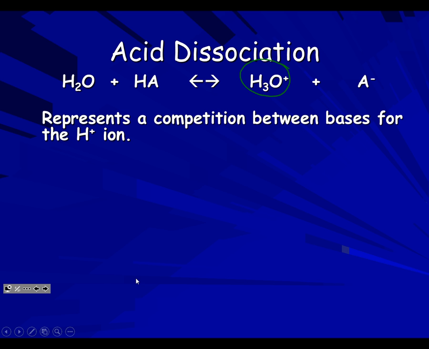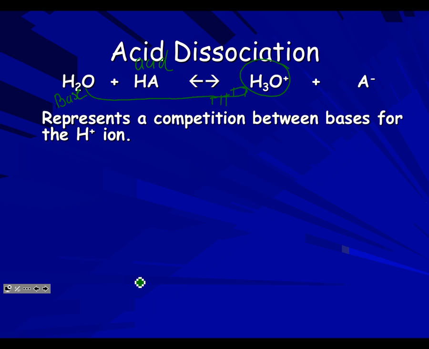And so what we're looking for is to see, how did things change? How did H2O change? Well, H2O became H3O+1. It is plus a hydrogen ion, and so this must be our base. Well, if that's the base, this automatically has to be the acid.